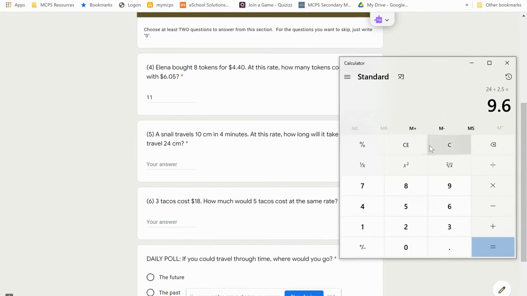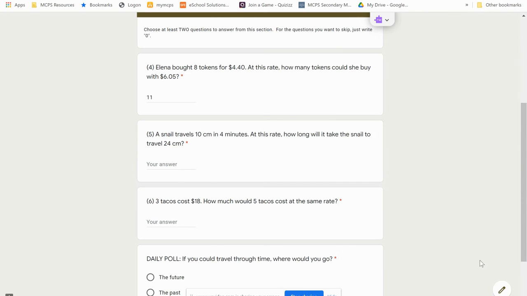No, that doesn't make any sense. 4 divided by 10 is 0.4 or 4/10. So does this mean that the snail can travel at... No, I was right. Sorry about that. Let's draw it out.